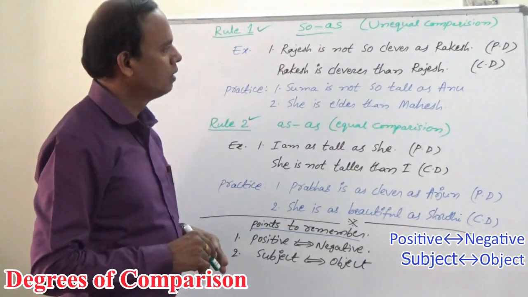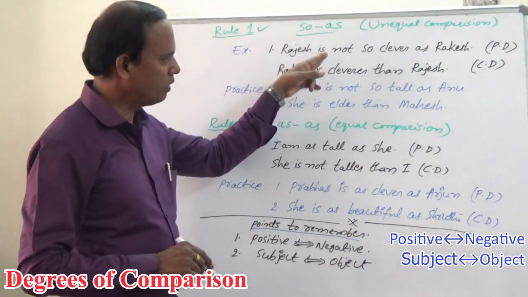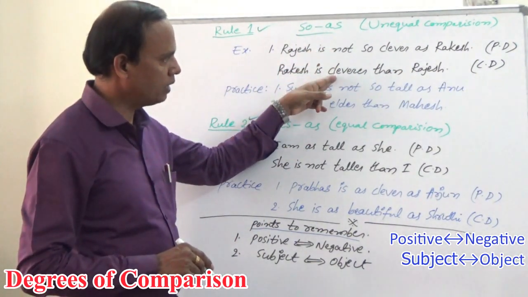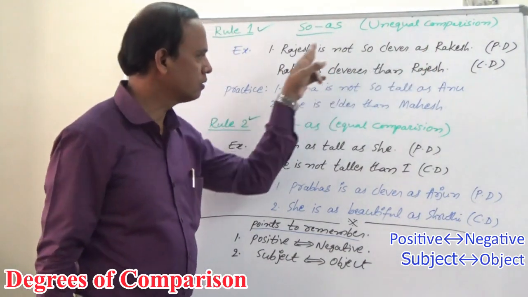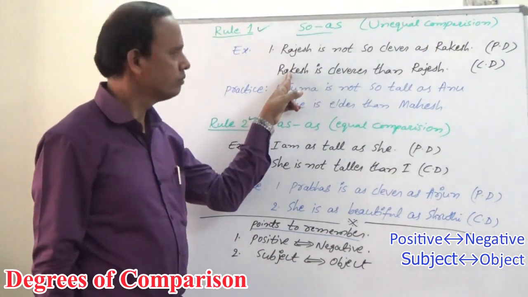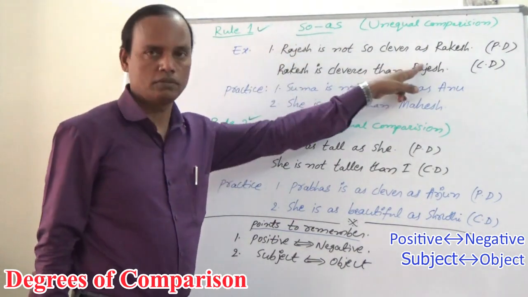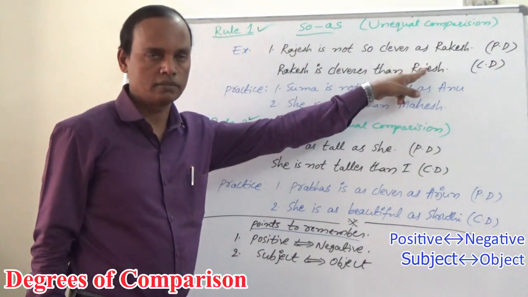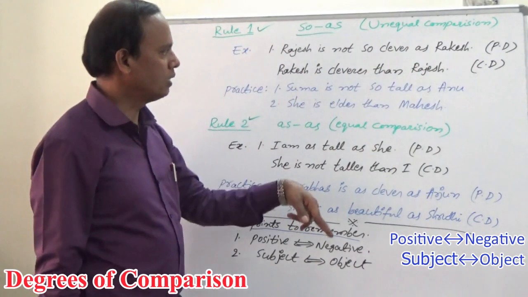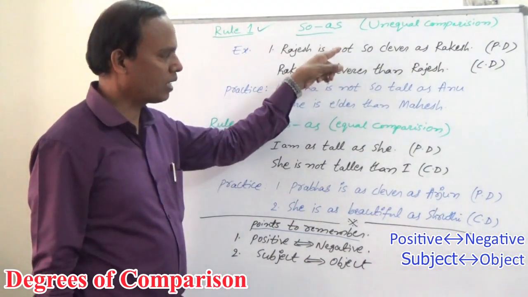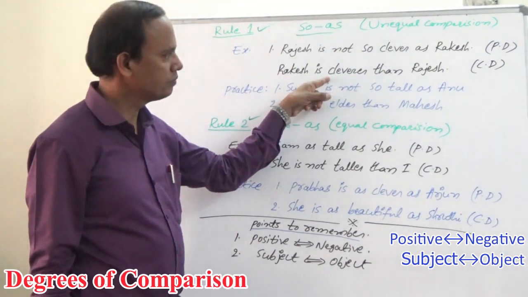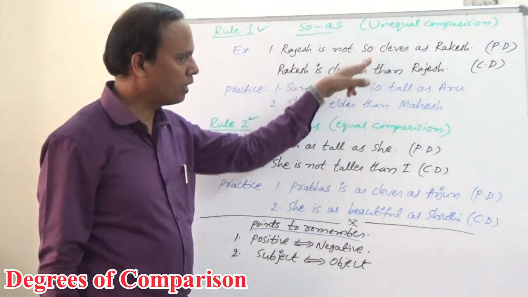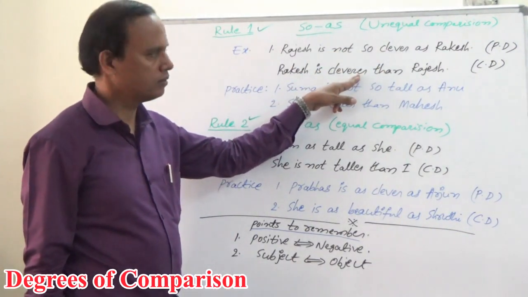So changing from positive degree to comparative degree, you can see the changes. Rakesh comes here. Rajesh goes here at the end. And the positive sentence here has "not", and here again "not" is given. Clever becomes cleverer.